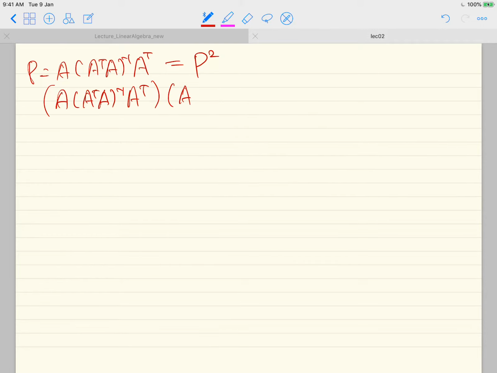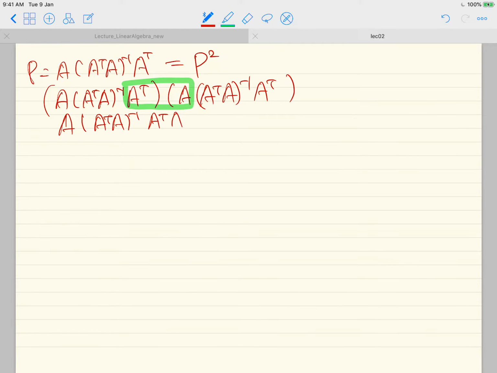We multiply it once again: A (A transpose A) inverse A transpose times A (A transpose A) inverse A transpose. Let's put parentheses around A transpose A, because we can multiply the latter ones first. You will see this part cancels once, and thus it is A (A transpose A) inverse A transpose.